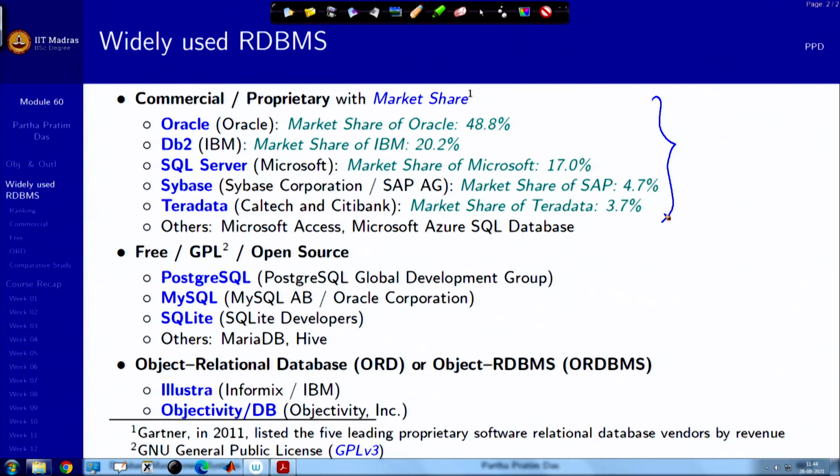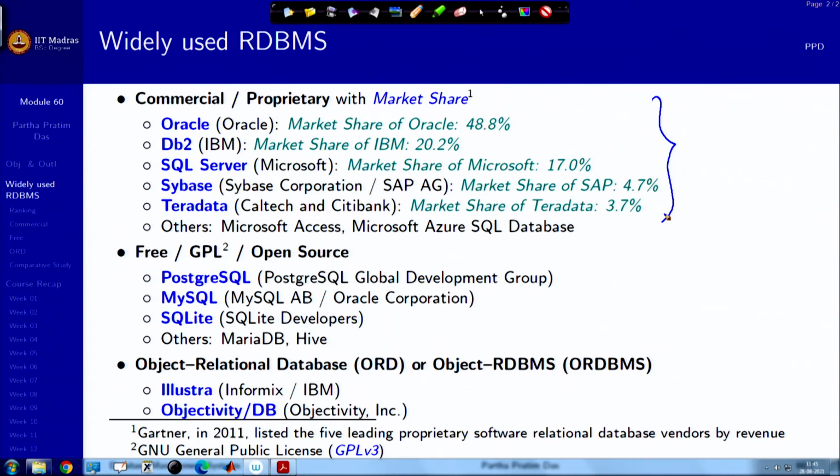You can see that Oracle is dominating the market with about 48.8% of the revenue share, followed, not closely, by the second, DB2 from IBM, with about 20%. SQL Server of Microsoft is close by with 17%, and then much lower in rank is Sybase, which is primarily SAP, with 4.7%, and Teradata, and there are several others which are also quite widely used and popular.